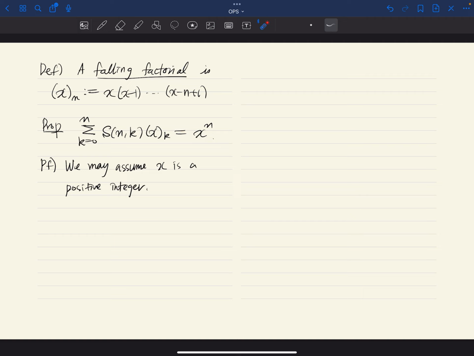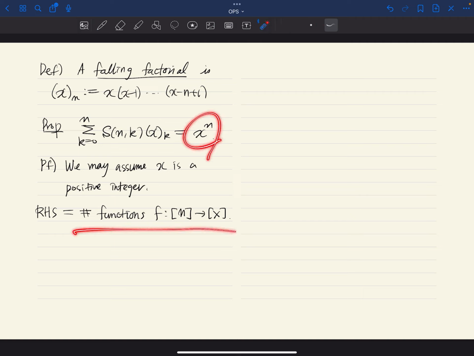Okay, so what is the left-hand side? Let's consider the right-hand side first because that's easier. This is the number of all functions f from n to x. X is an integer, so it makes sense to write things like that.